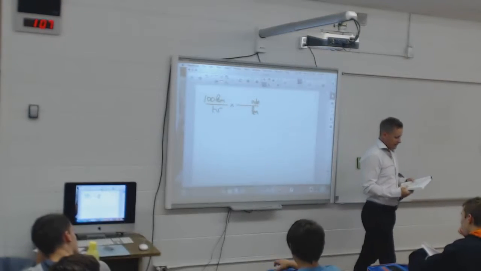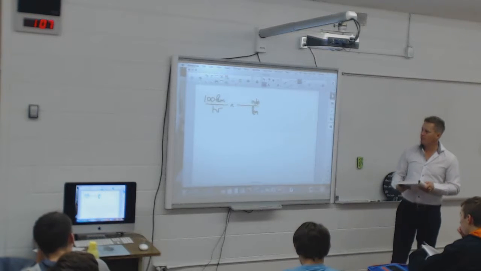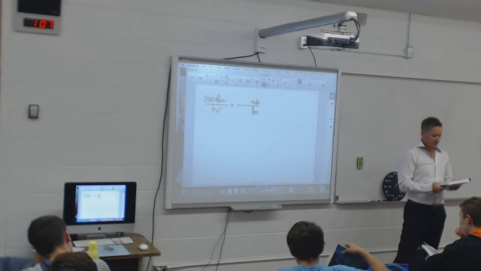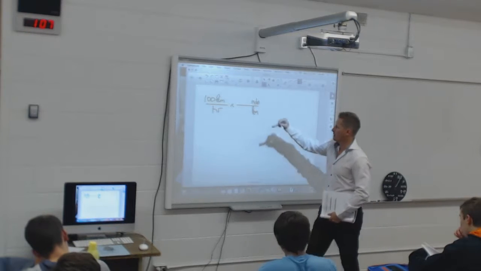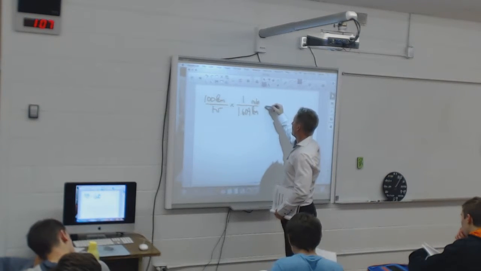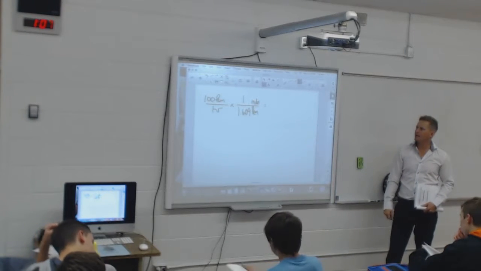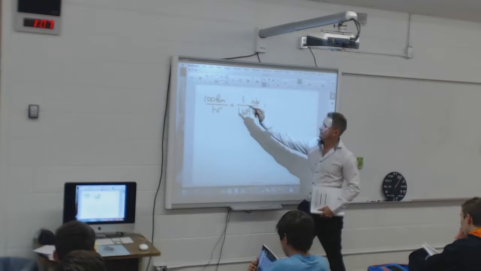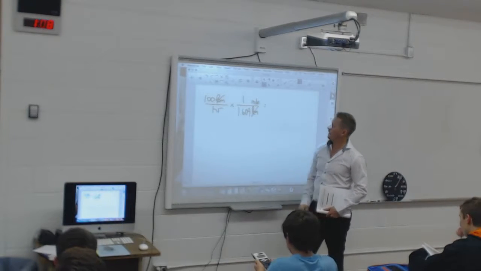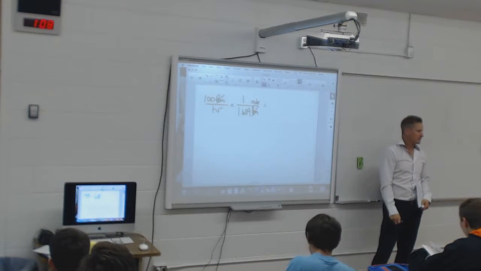Looking at the top of page 9, it says that my ratio of 1 mile gives me 1.609 kilometers. So if I want to find out how many miles per hour 100 kilometers per hour is, I use the proportionality 1 mile to 1.609 kilometers.